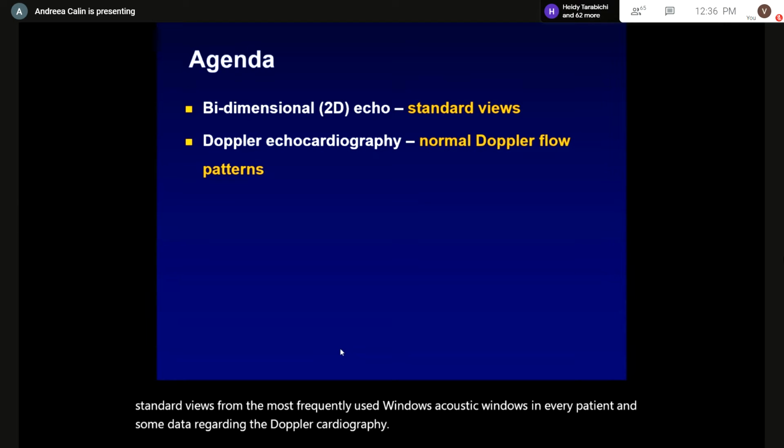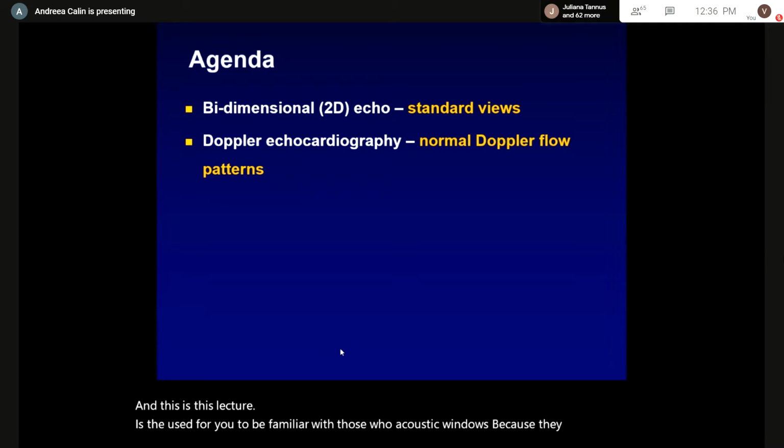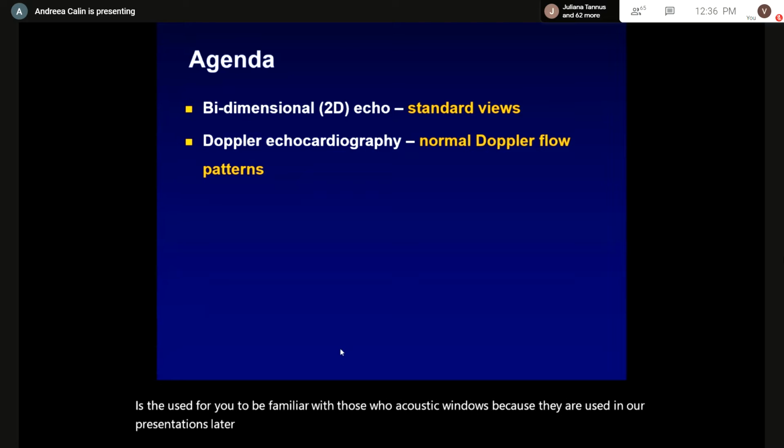Today we are discussing only the normal Doppler flow patterns. And this lecture is for you to be familiar with those acoustic windows because they are used in our presentations later on, both at the lectures and also on practical demonstrations.